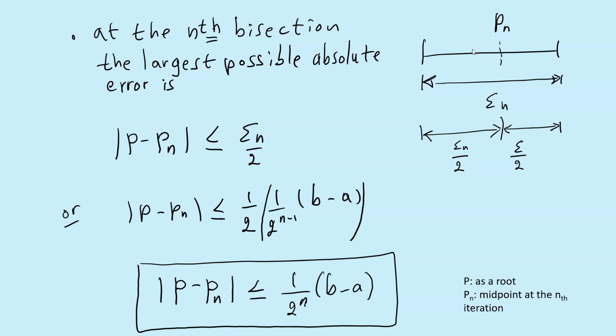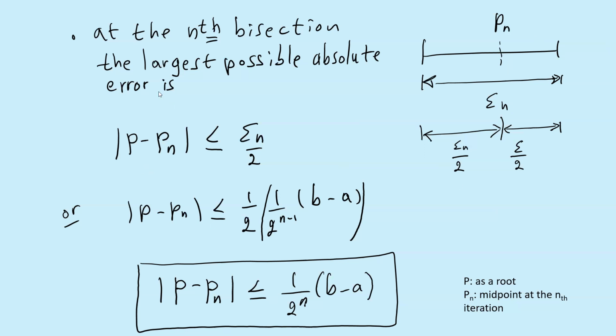This is the error at the nth iteration. If, for example, the real root is located at this point, the largest or maximum absolute error becomes half of the error at the nth iteration. Or if the root is located at this other point, again, same as before, the maximum error for the nth iteration becomes half of the error at the nth iteration.